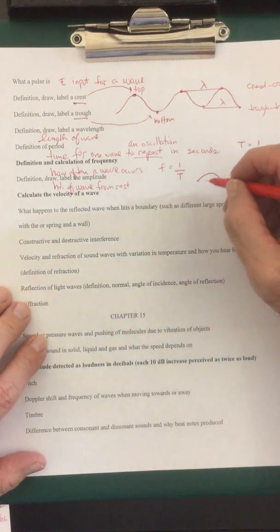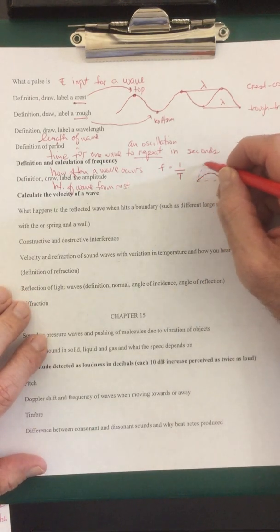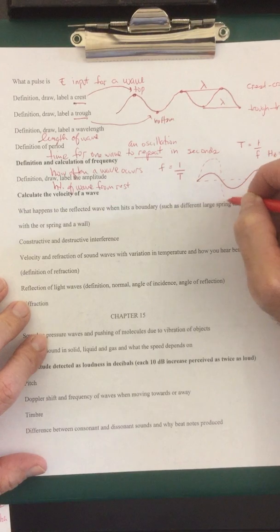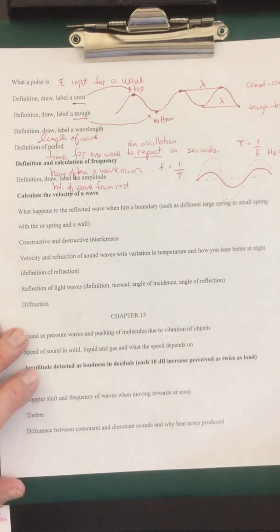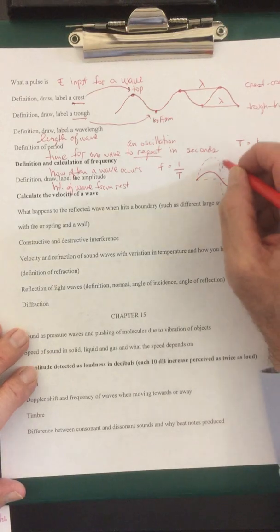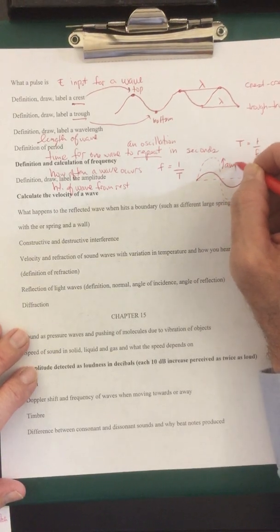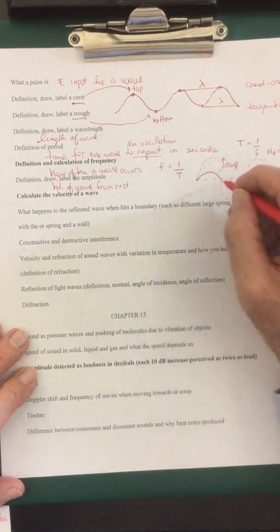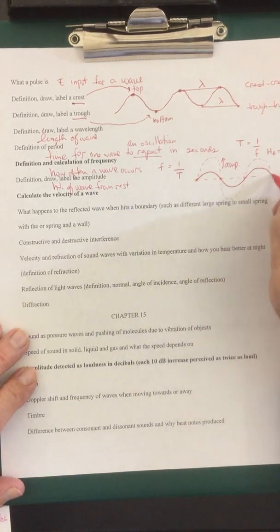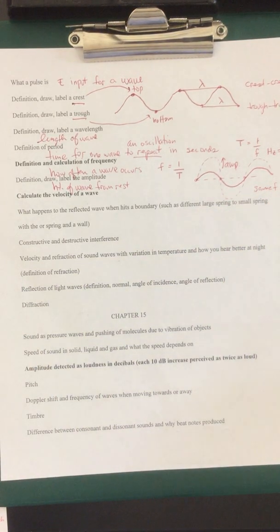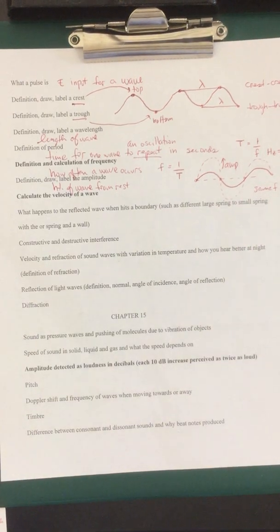We can have a higher amplitude looking like this. This has increased the amplitude, but notice how the nodes are in the same place, so it's going to be the same frequency. Make sure you distinguish between amplitude, which is the height, and frequency, which is how often it occurs.